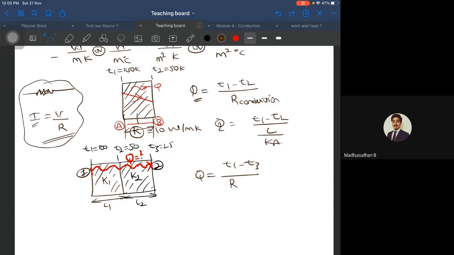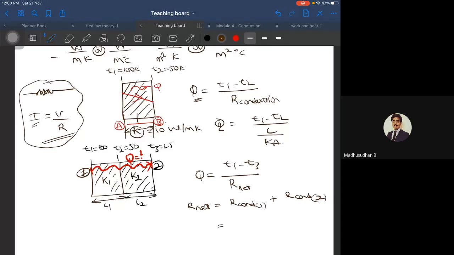I will term it the overall resistance, or in the simple sense R net, the net resistance. This net resistance is composed of the resistance due to conduction offered by the first slab plus the resistance due to conduction offered by the second slab. Am I right? Yes, sir.